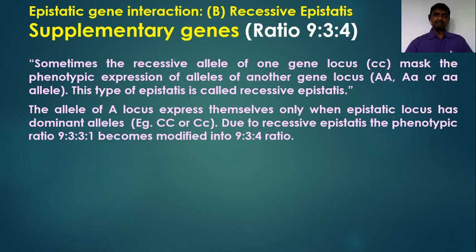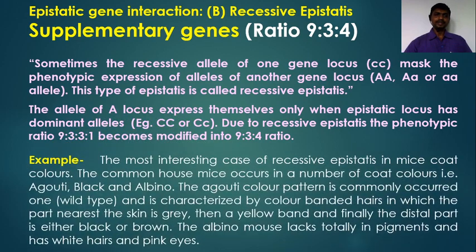So alleles of the A gene locus express themselves only when the epistatic locus has dominant alleles. Due to this recessive epistasis, the classical Mendelian dihybrid ratio 9:3:3:1 has been modified into a 9:3:4 ratio.